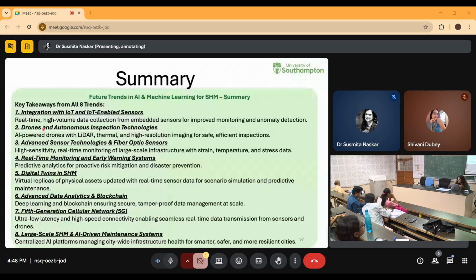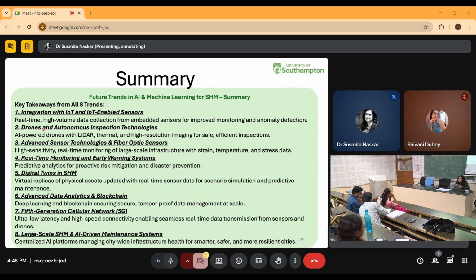Then the advanced sensor technology that comes with fiber optics, where we talk about high sensitivity and real-time monitoring of large-scale structures. Then comes real-time monitoring and early warning, where we talk about proactive risk mitigation and disaster prevention.